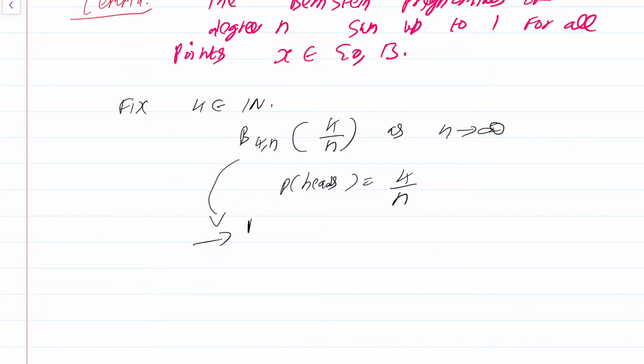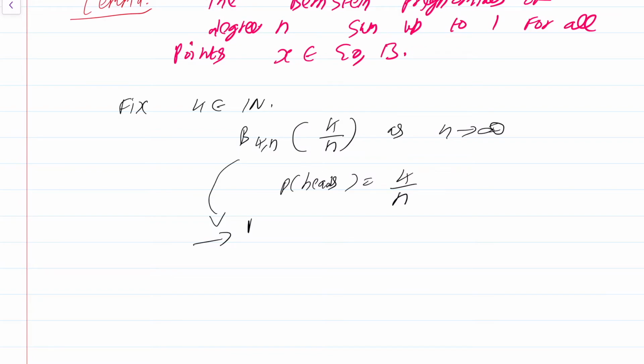Why would you expect this? Well, what is b k comma n of k by n? It is nothing but the probability that in n tosses you get k heads when you toss a coin whose probability of getting heads is k by n.